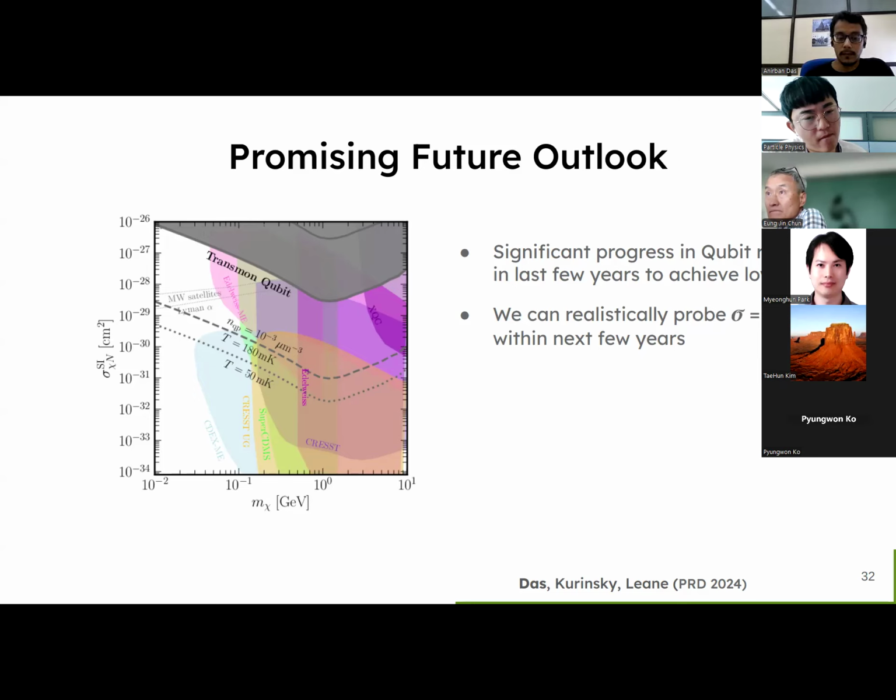Does that make sense? What I mean is that the temperature may damage your transmon qubit. So, I'm already confused. For example, you have two cases. One is the target material, like silicon, and the other is the detector, right?